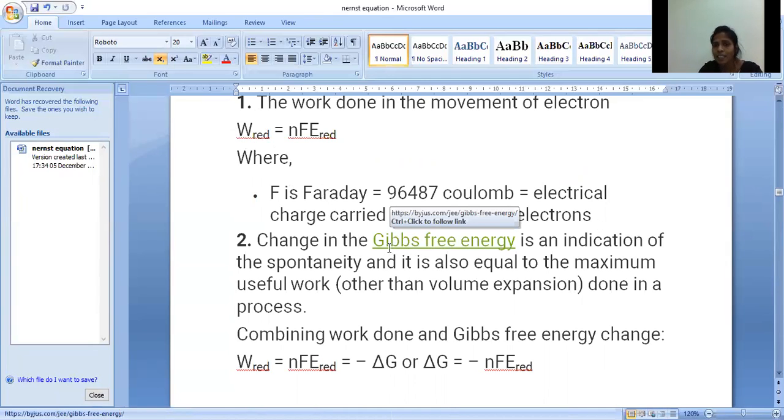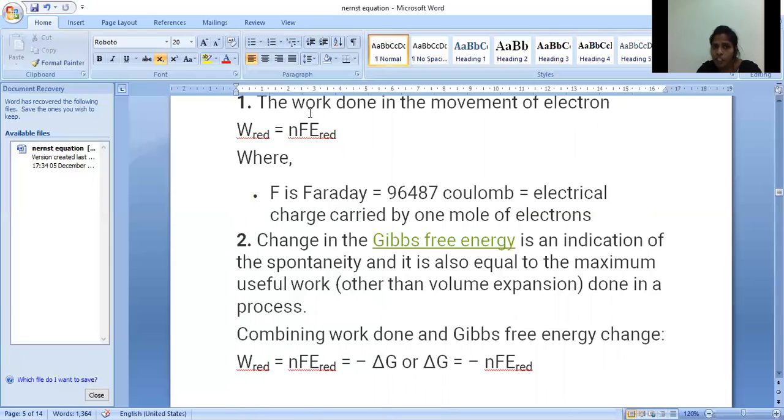That means it is a natural process. So for a spontaneous process, change in the Gibbs free energy is negative, whereas for a non-spontaneous process, change in the Gibbs free energy is positive. The change in the Gibbs free energy is negative of the maximum work done.